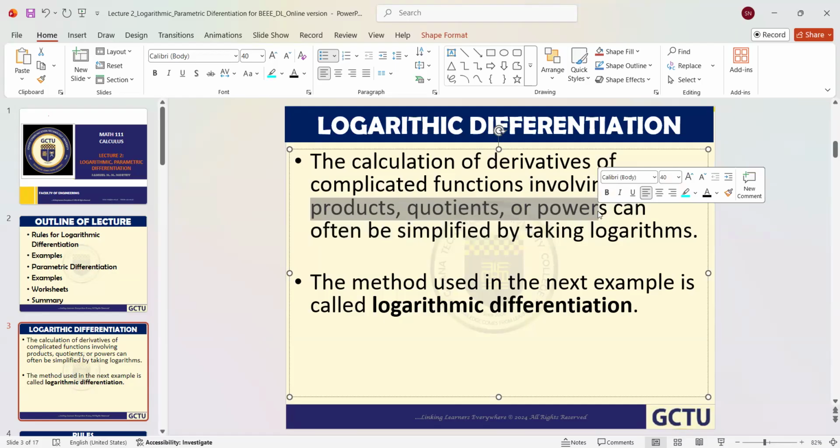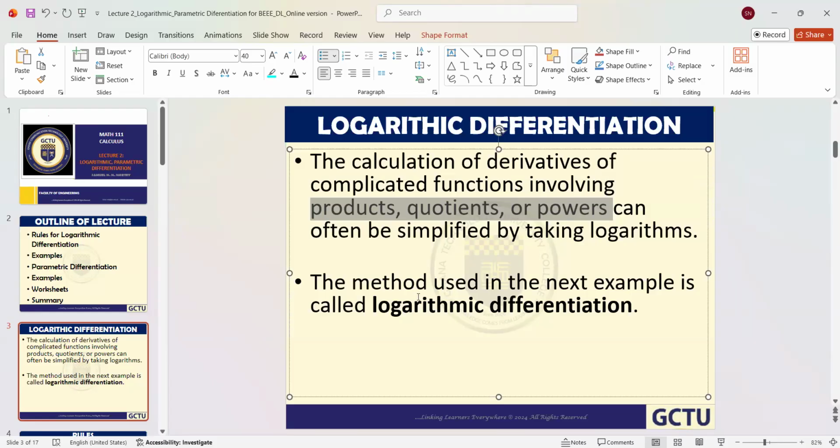Logarithm functions simplify problems that involve products and quotients, either you are multiplying functions or dividing functions, that involve powers. So if you say y is equal to 2x raised to the power 5x, or y is equal to x raised to the power sine x, immediately you see powers.